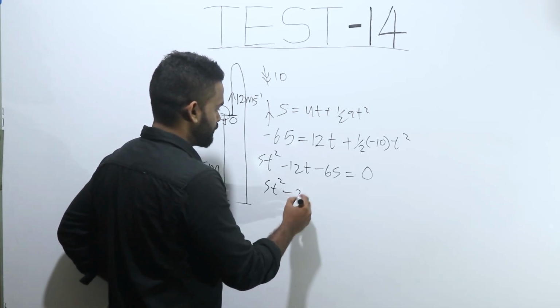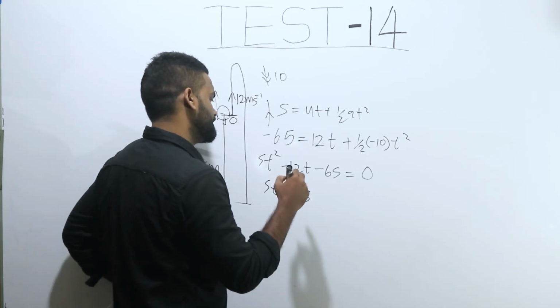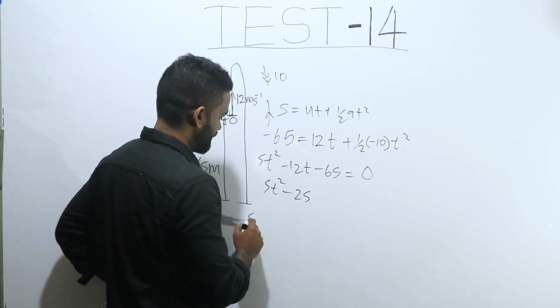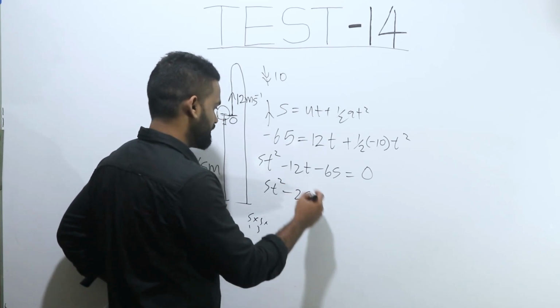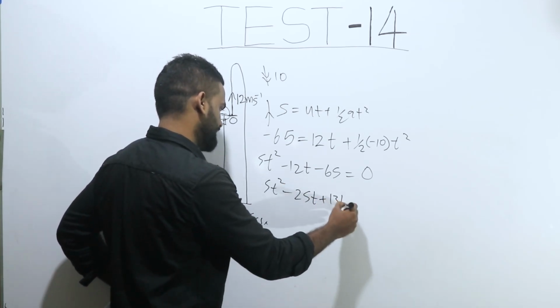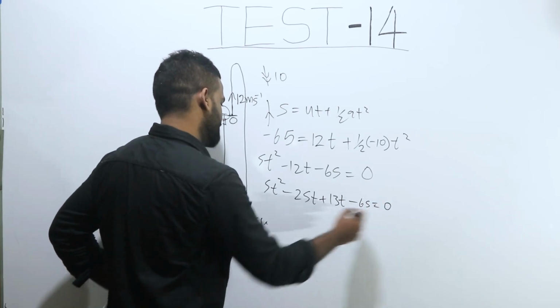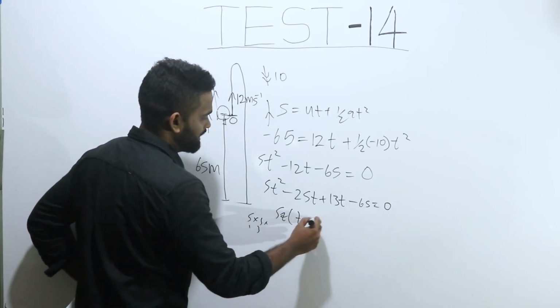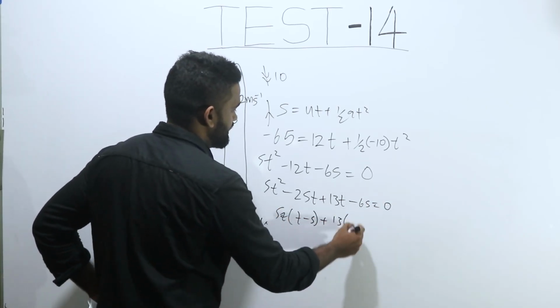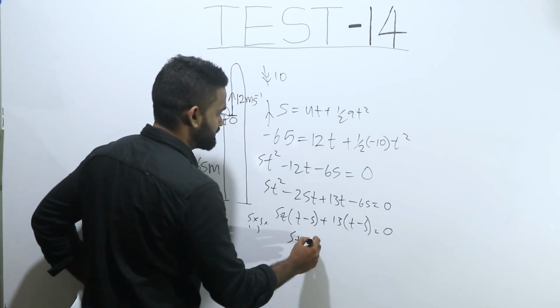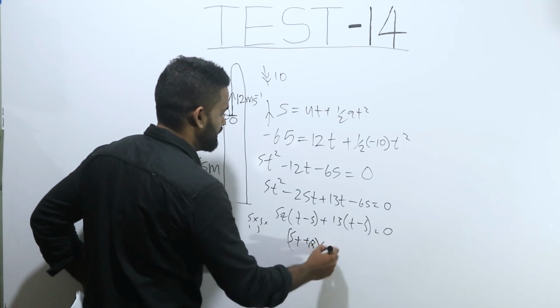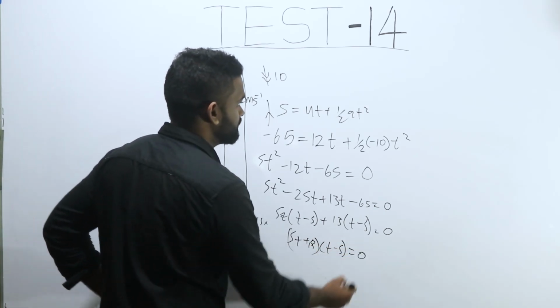This should be 25 times 13, I think, 5, yeah. 25t plus 30t minus 65 equals 0. Take 5t out, 5t(t minus 5) plus 13 (t minus 5) equals 0. So 5t plus 13, t minus 5 equals 0.